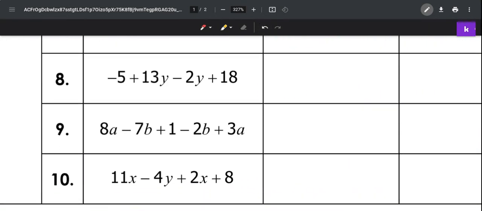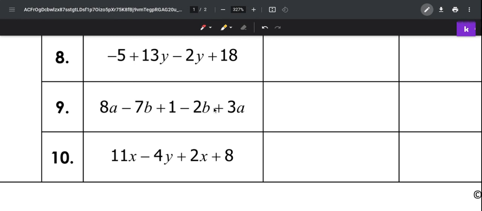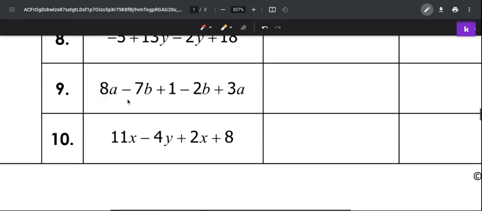All right. Now, let's skip down just because this is where maybe you could get a little confused. On number 9, we have 8a minus 7b plus 1 minus 2b plus 3b. When we say variable terms, any number with a variable, that coefficient and the variable both count. So that means we actually have 4 here because a and b are both variables.